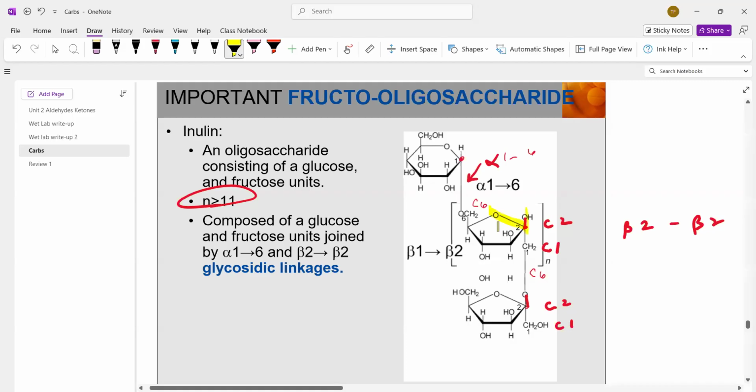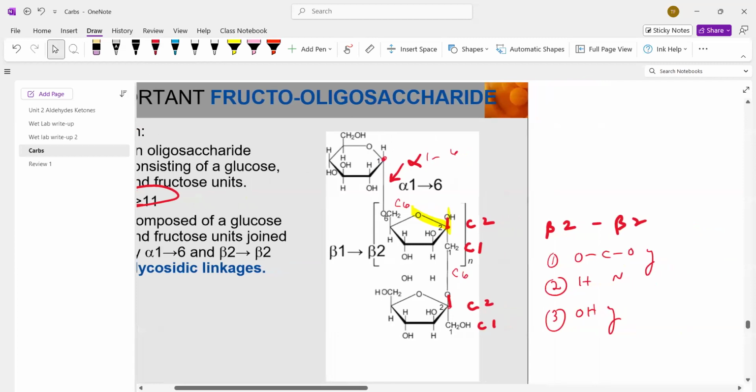So here we are. We have a hemi something there. So let's analyze that. Okay, do we have an H present? No. Do we have an OH present? Yes. Okay, so this means when there's no H, that means it's a ketal, either hemi or full.